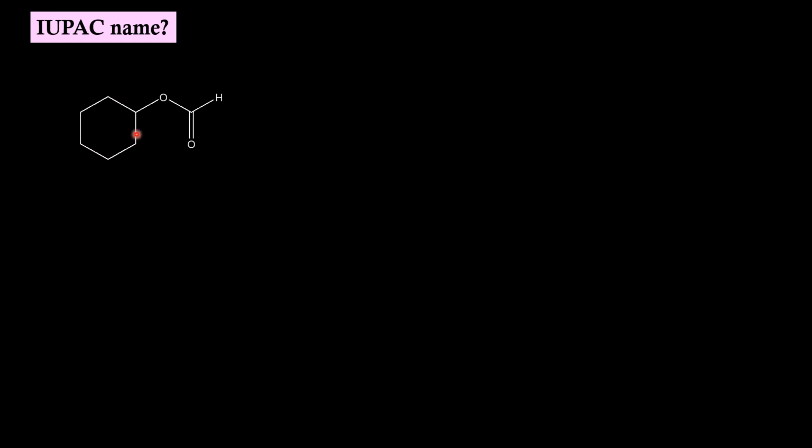This is the alcohol part and carboxylic acid part. Alcohol part is cyclohexyl. Only one carbon on the acid part, so methanoate. IUPAC name will be cyclohexyl methanoate.